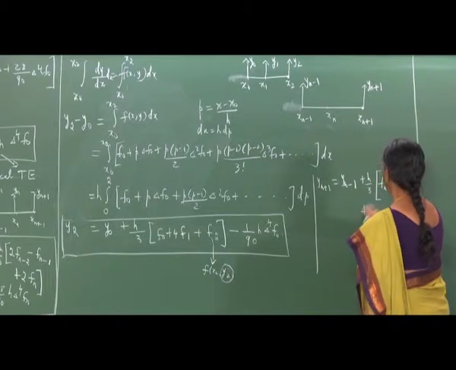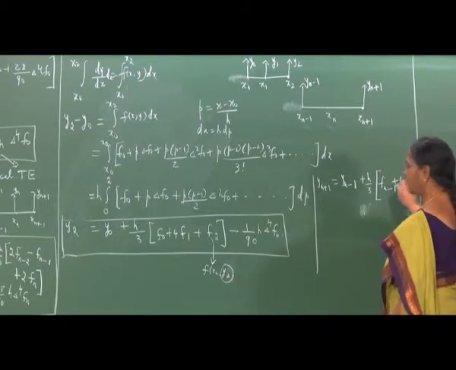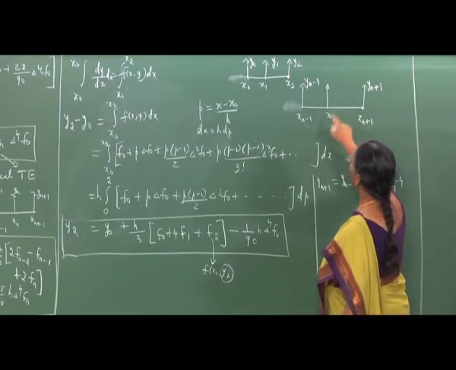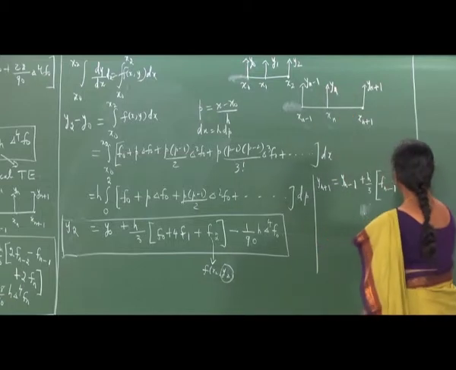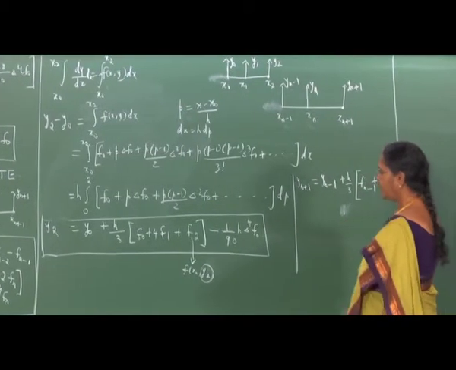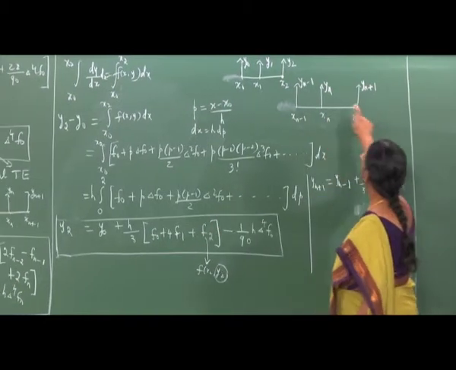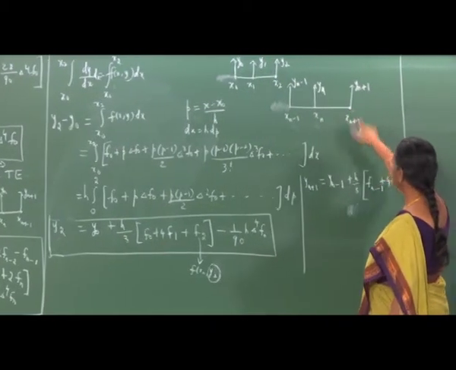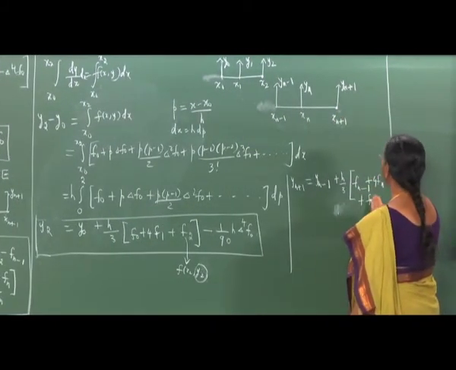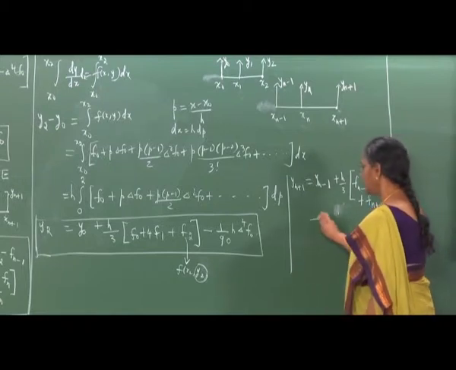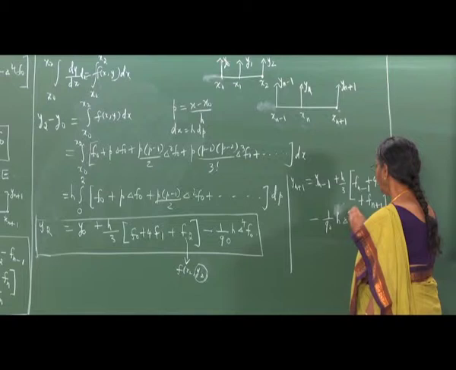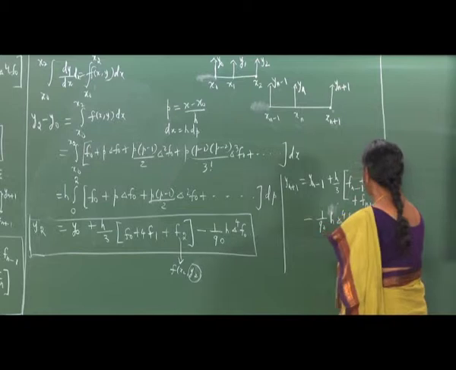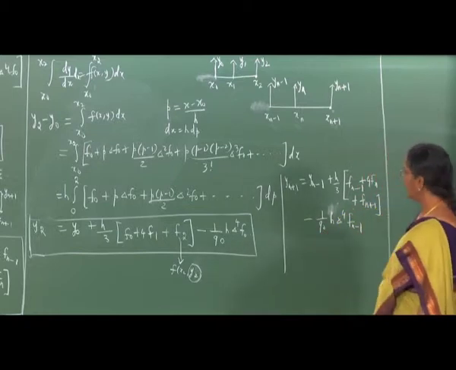Then plus 4 times f1, corresponding to that here it is going to be f at xn yn, which I denote by fn. And then I have f2, namely the solution at this point, and corresponding to that I should write down the solution at the point fn plus 1, minus 1 by 90 h into delta to the 4 of fn minus 1, which is the local truncation error.